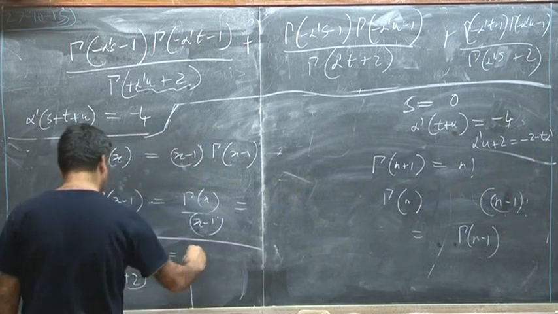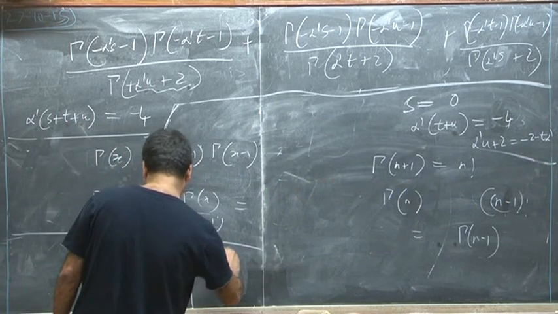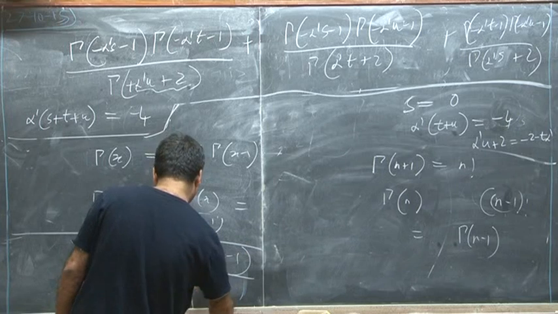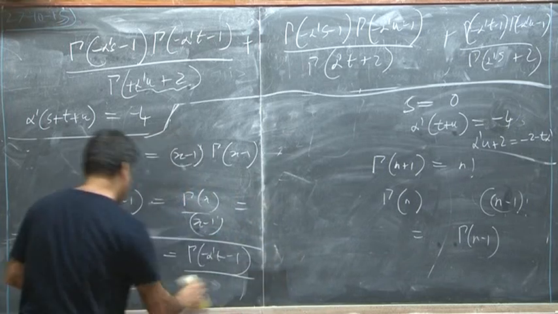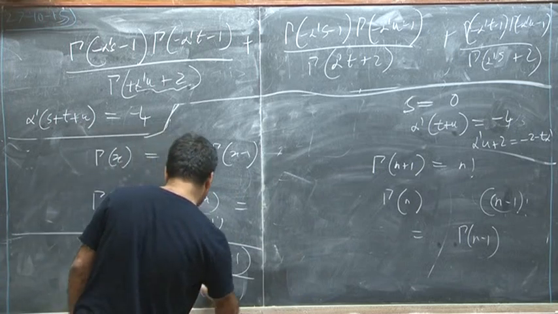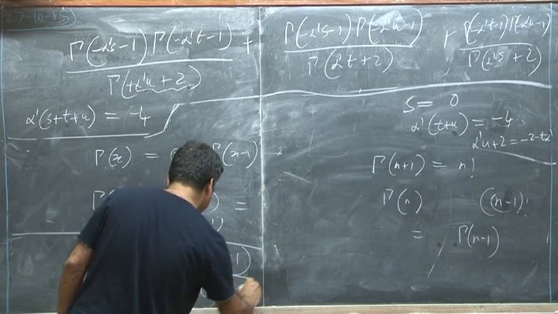So this is equal to gamma of minus alpha prime t minus 1 over gamma of minus alpha prime t minus 2.